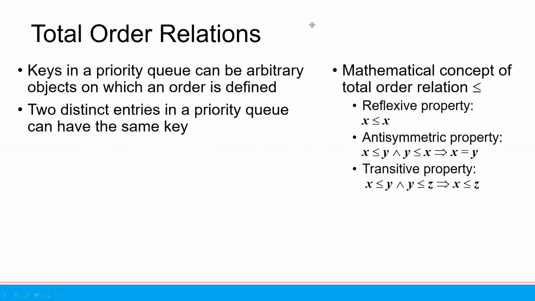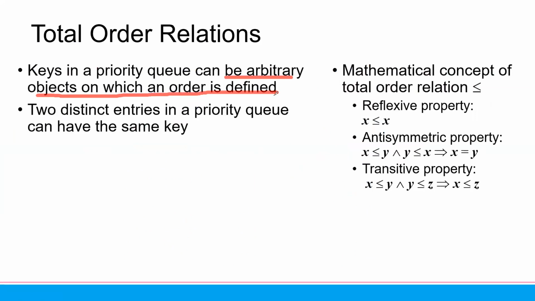So the keys in a priority queue can be arbitrary objects on which an order is defined. If you use numbers, we can look at the smaller number as the priority. If you use the alphabet A, B, C, D, E, then you can think that A is the minimum and Z is the maximum.